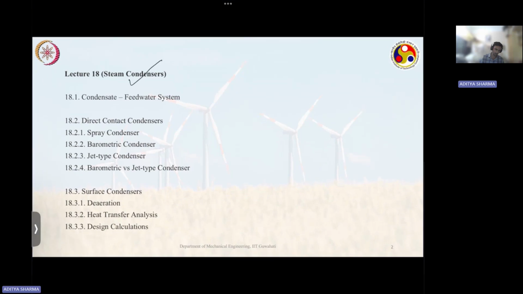Now the topic is the condensate feed water system. Two terms are there. Condensate is the steam that we are condensing, and the feed water is the water that we are feeding to our boilers. Why are we discussing feed water?